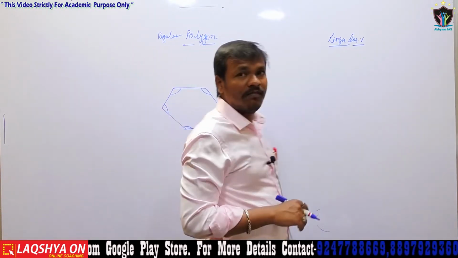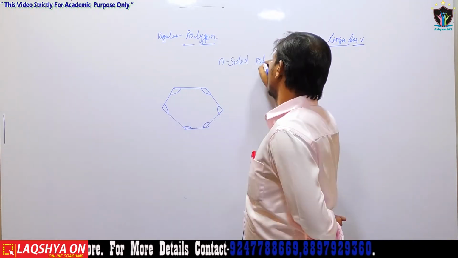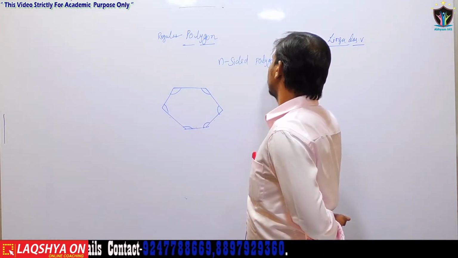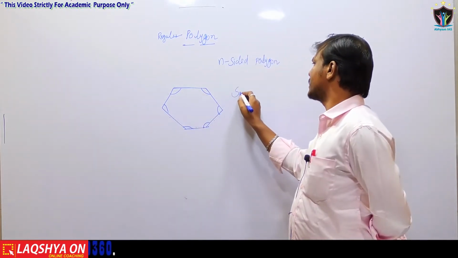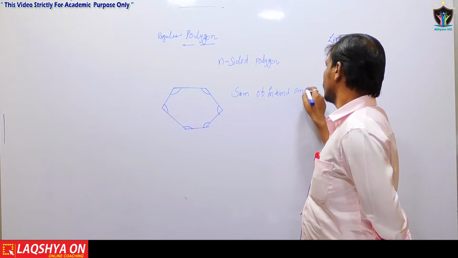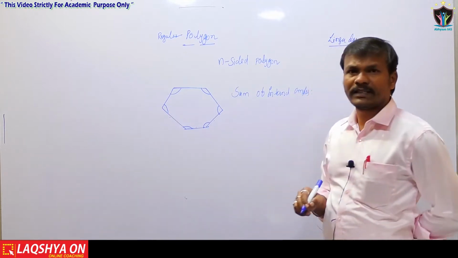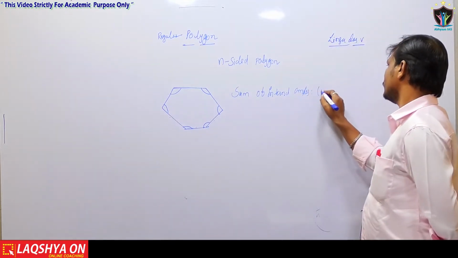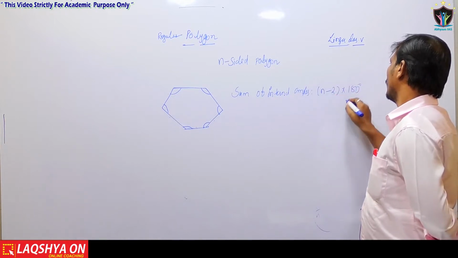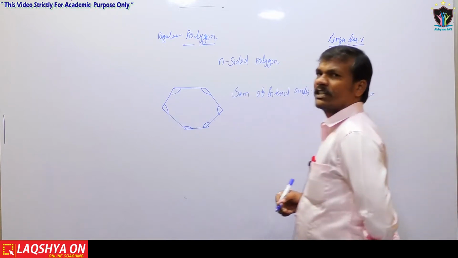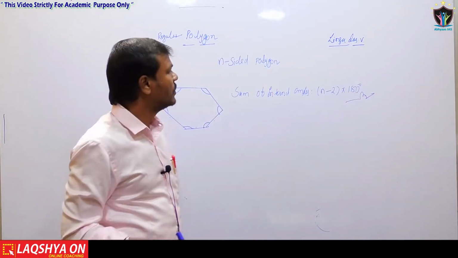For any n-sided polygon, the sum of internal angles is n minus 2 into 180.